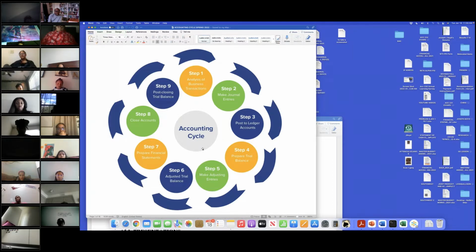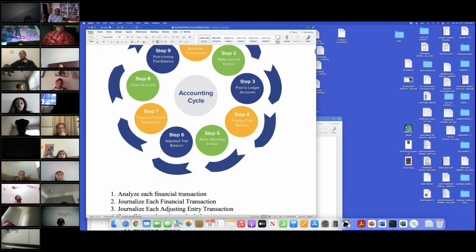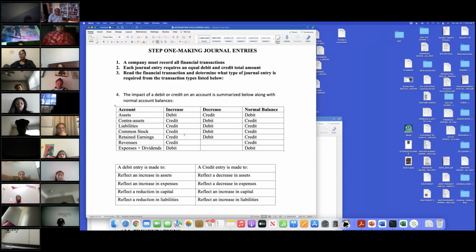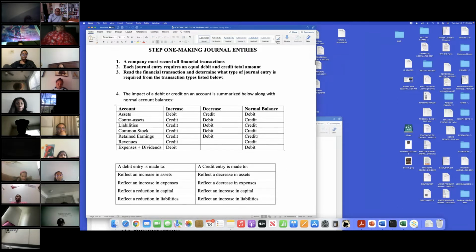And we had these journal entries. Assets have a debit balance, I hope you know that. Contra assets, credit balances. Liabilities, credit. Common stock, credit. Retained earnings, credit if the company is profitable, debit if it's not. Revenues, credit. Expenses, debit. So you should be familiar with that.